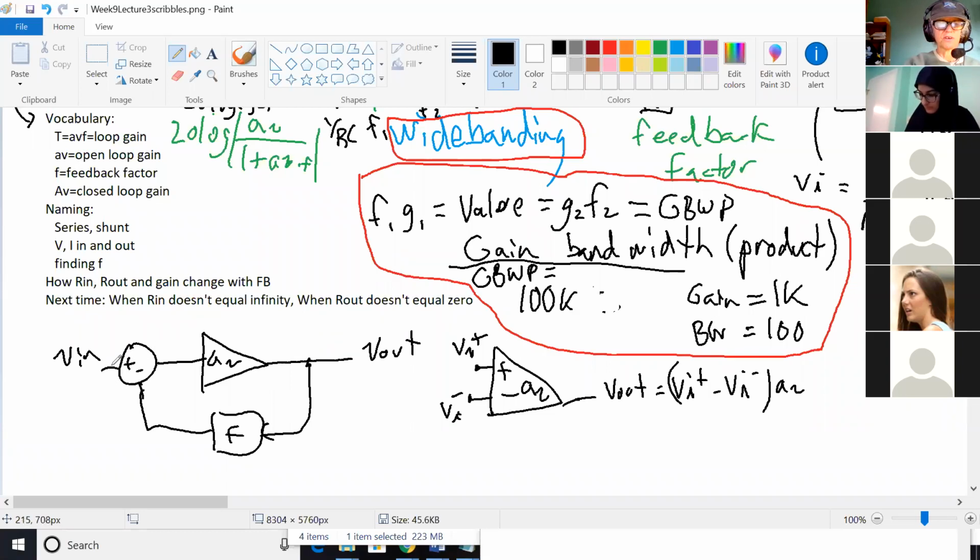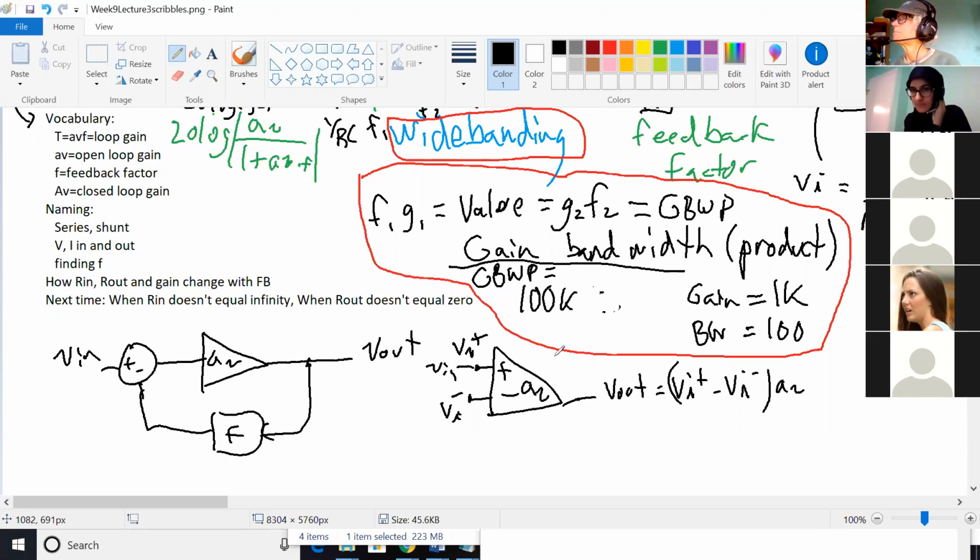This circle right here takes the difference between V in, in this case on this terminal, and whatever is fed back. And then that is amplified and gives you V out, which is exactly what your op-amp's doing.